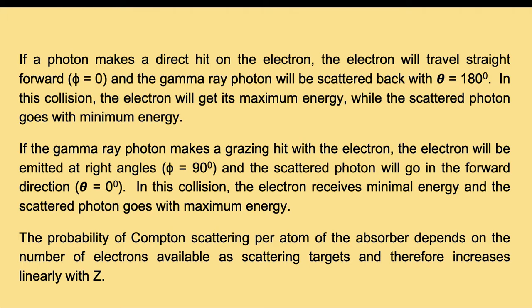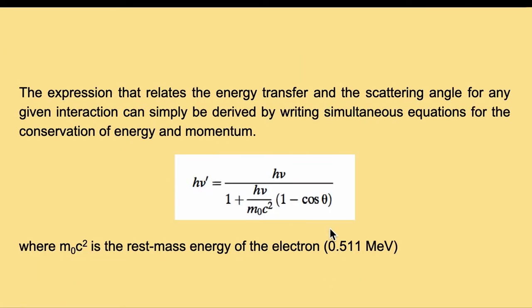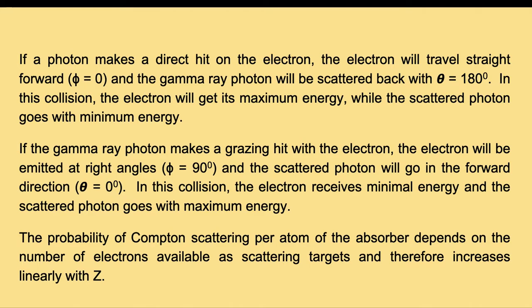In this collision, the electron receives minimal energy and the scattered photon goes with the maximum energy. That means here θ is equal to 0. So the electron will get minimum energy and this will go with the maximum energy.